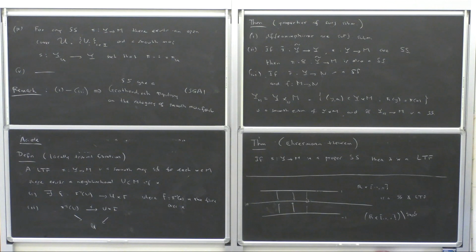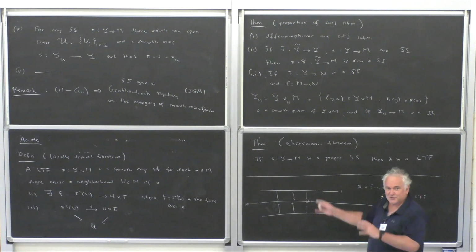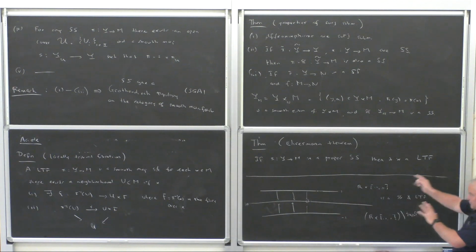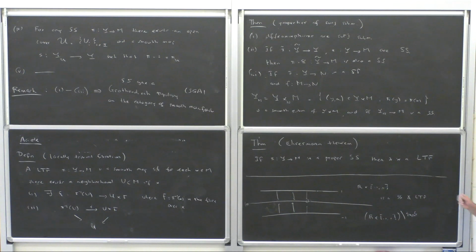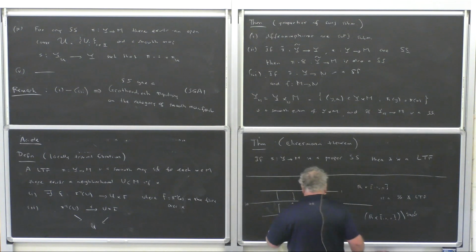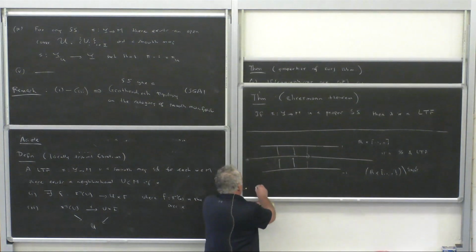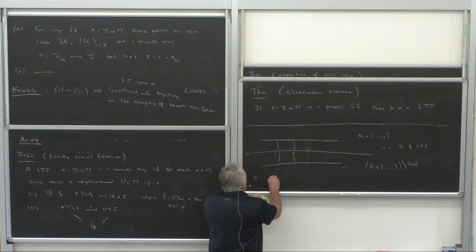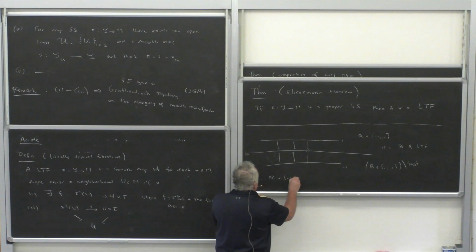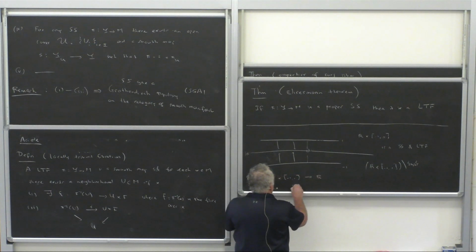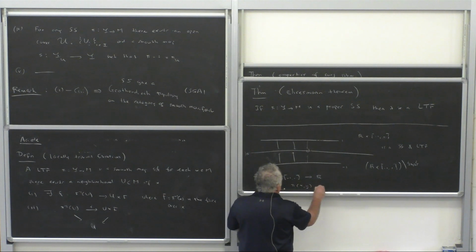So you see that surjective submersions can often be modified by taking out points. Sorry, I was a bit quick. The map π from R × (-1, 1) to R is given by π(x, y) = x.